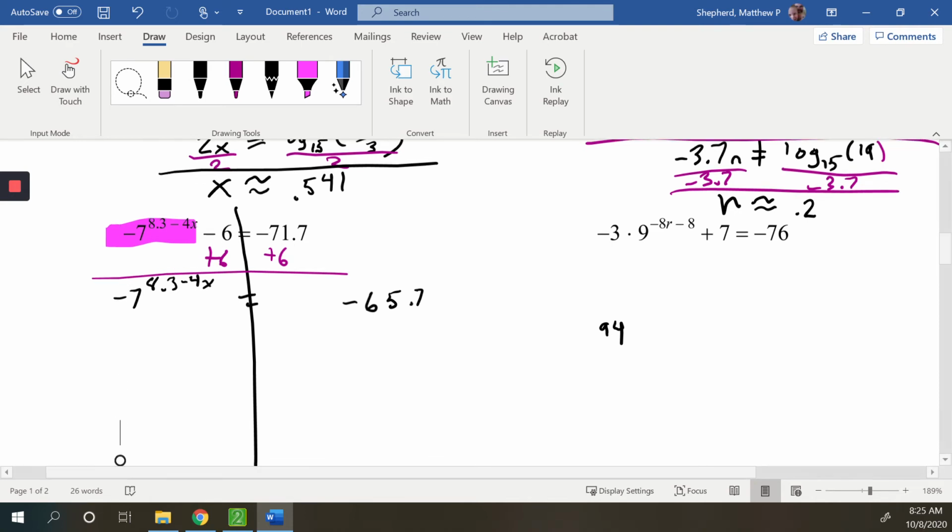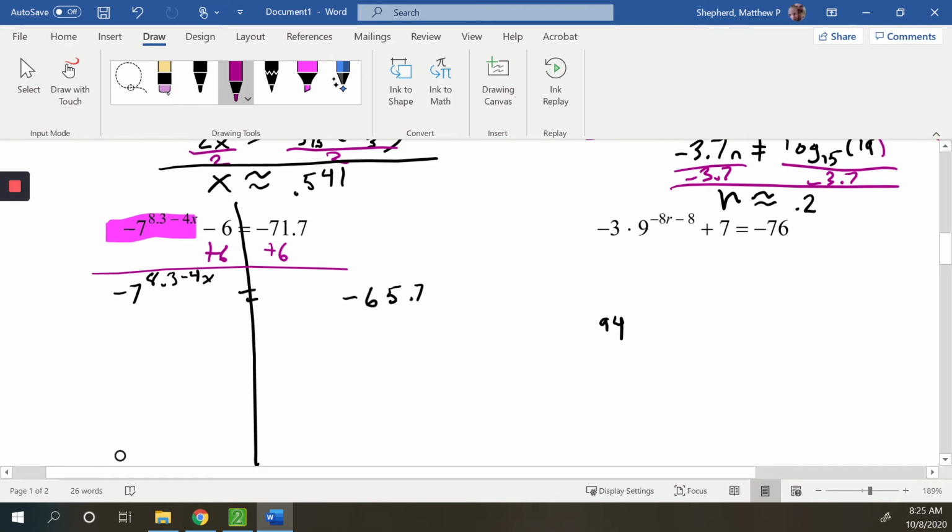So let me point this out first. Notice this negative 7. Also, notice that it is not negative 7 inside a parentheses. That negative is not part of that 7. So it only becomes negative after you evaluate the exponent.